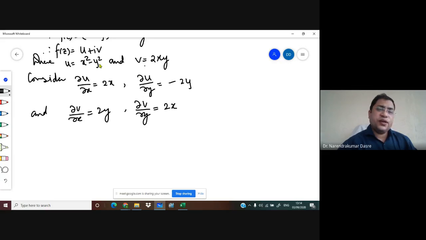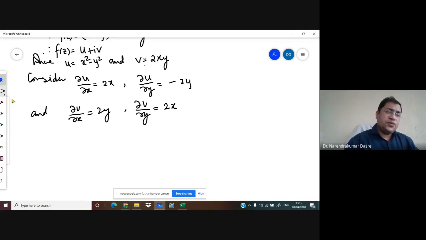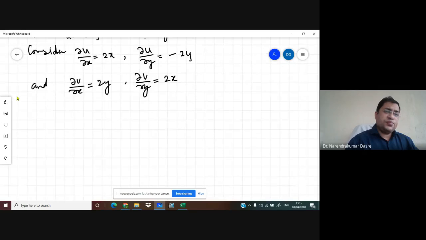So the derivative of y square is going to be 2y and this minus sign remains here. Now the same thing we have to do for this v also. The derivative with respect to x, 2y is treated as constant. The derivative with respect to y, 2x is treated as a constant. Okay, and hence we have this term.